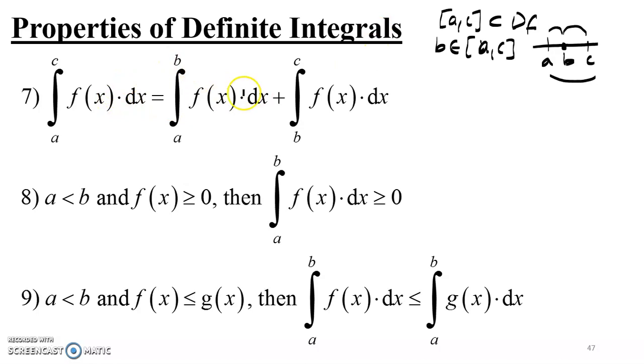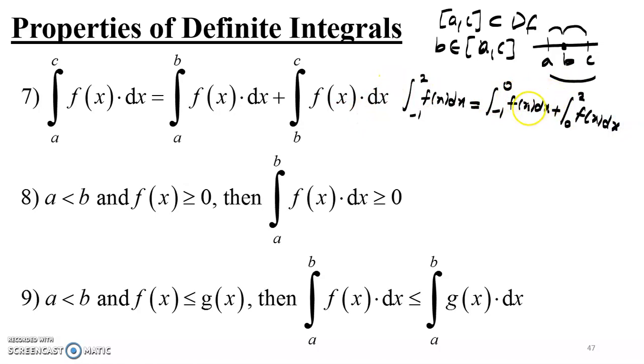So over here, if I had, for example, the integral from negative 1 to 2 of f of x dx, and we know that 0 is in that interval, we can say that this integral is equal to the integral from negative 1 to 0 of f of x dx plus the integral from 0 to 2 of f of x dx.